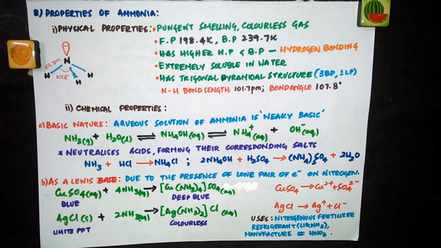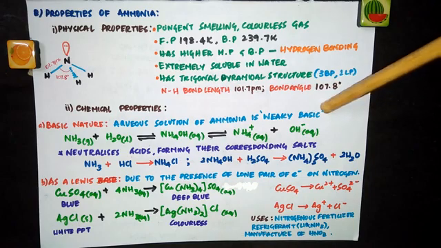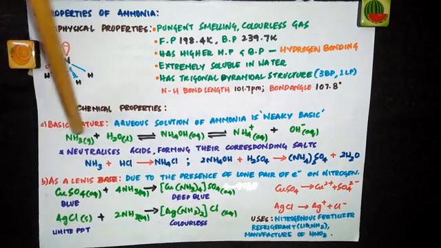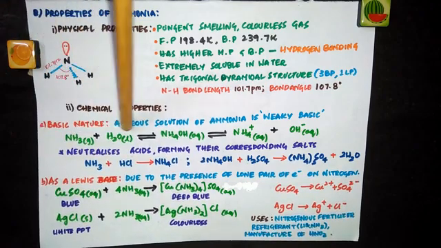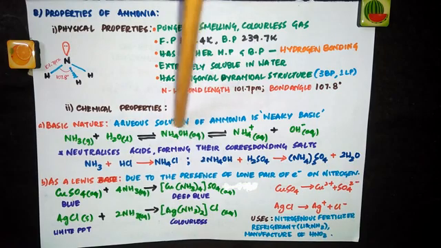Now moving on to the chemical properties of ammonia. I told you ammonia is highly soluble in water. So when you dissolve ammonia in water, you will get an aqueous solution of ammonia, and that aqueous solution is weakly basic. It is basic in nature. See, when you treat ammonia with water, it dissolves in water: NH3 gas plus H2O liquid gives you ammonium hydroxide, NH4OH.